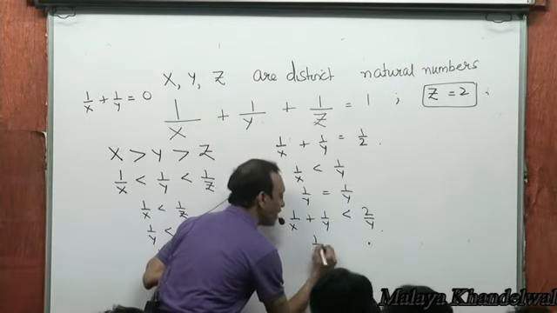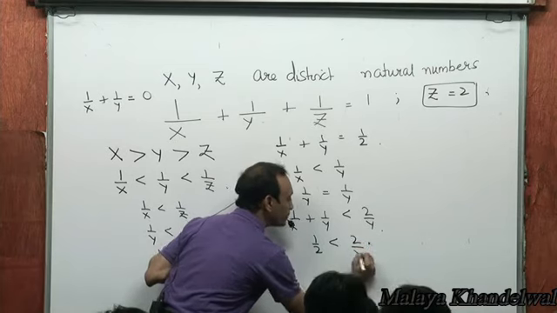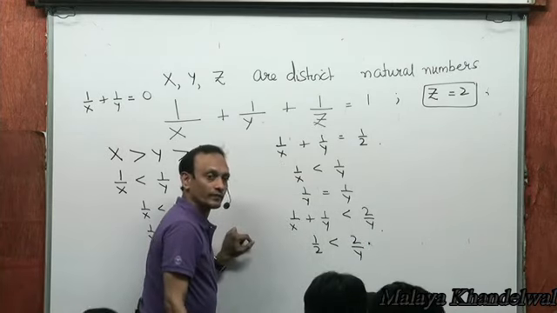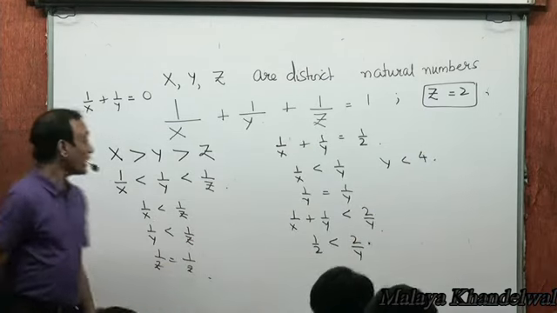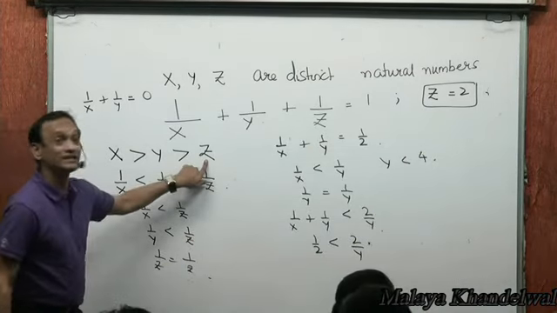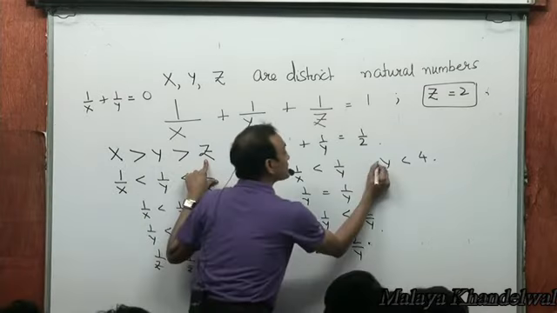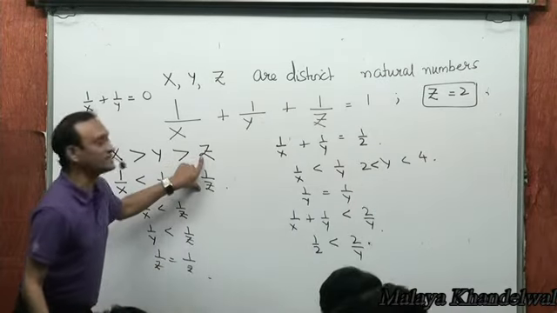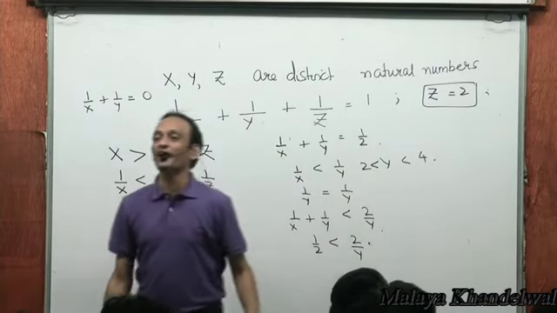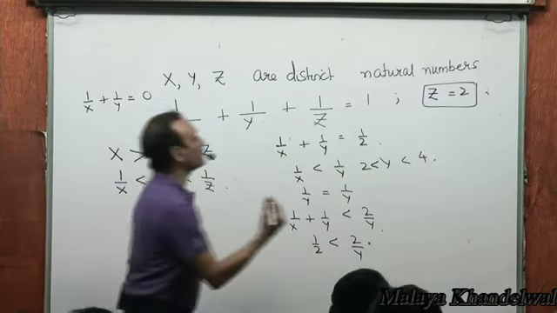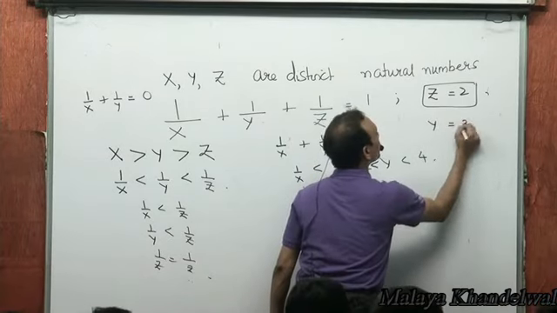So this gives me half less than 2 by Y. This gives me Y less than 4. But Y is greater than Z. Therefore, Y is greater than 2. Therefore, Y lies between 2 and 4. What's the only possible value of Y? 3. Y therefore turns out to be 3.